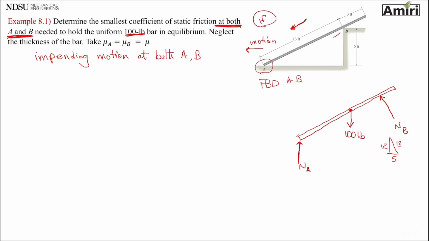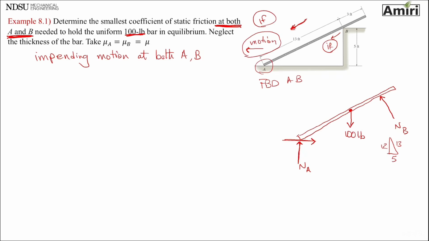And point B, motion, is going to be right there. The motion and the direction is important, the sense of direction, because I need to figure out the friction force. Okay? So there is going to be a friction force at point A that is holding this beam, and it's going to be opposite direction to the motion.